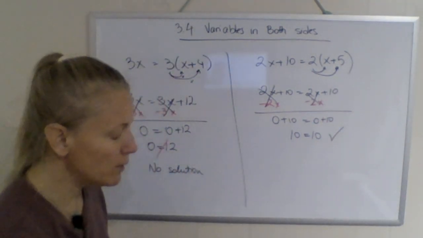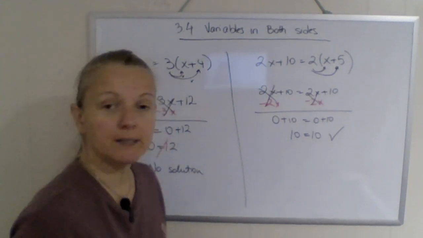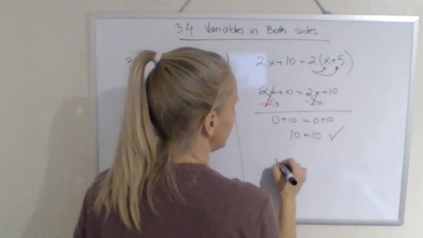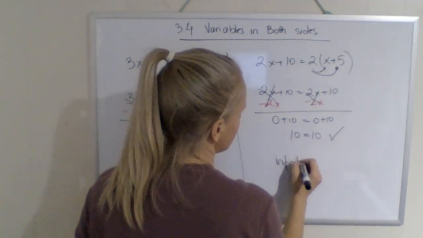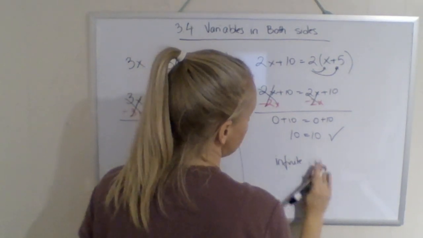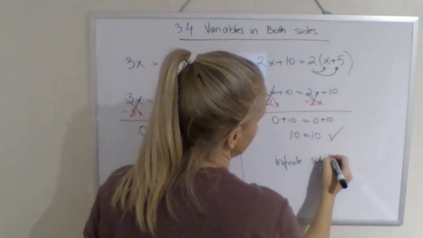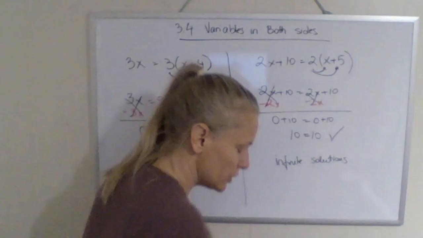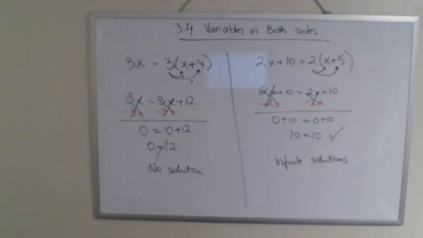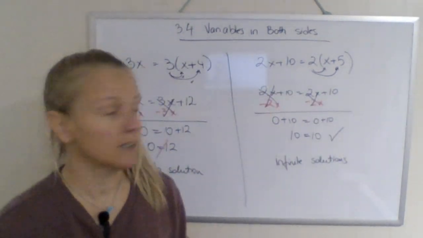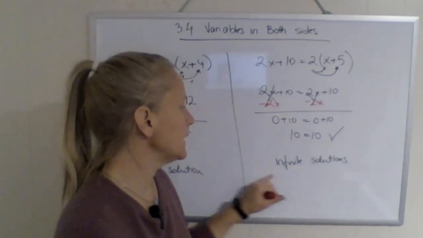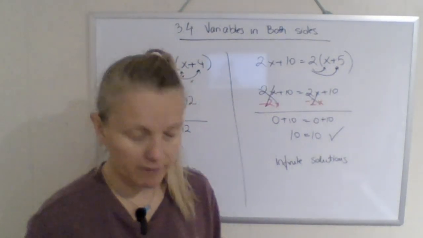Always, no matter what number I put in there, 10 will always equal 10, which means I have infinite solutions. I can't spell. They call it in your book all real numbers. It's an identity. You can tell me all real numbers, infinite solutions, identity, whatever you want to call it, it's the same for me.